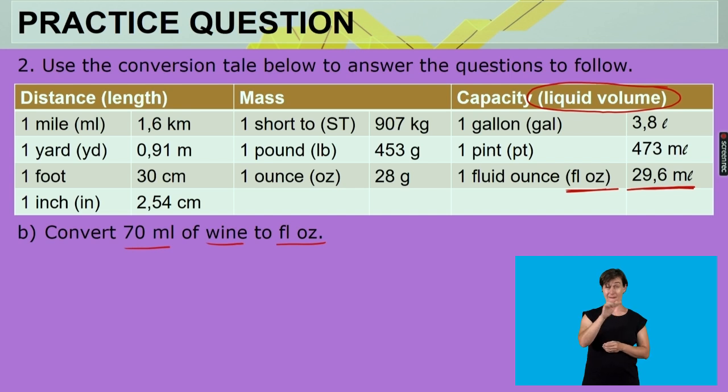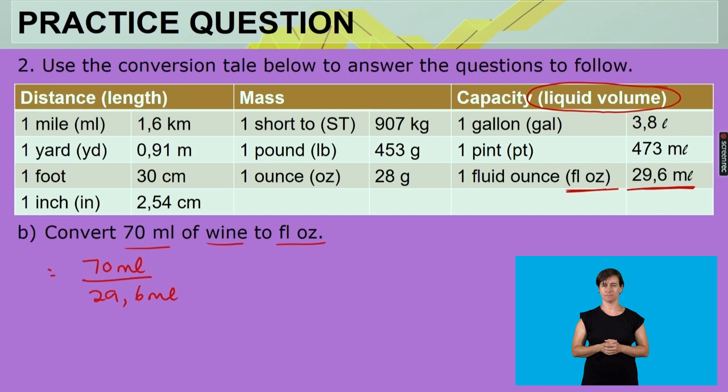I have 70 milliliters, so therefore, I will take my 70 milliliters and I'll divide it by the 29.6 milliliters, simplifying, same units. So 70 divided by 29.6 equals.